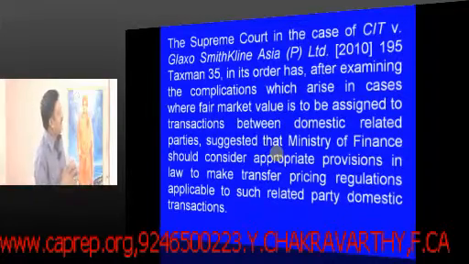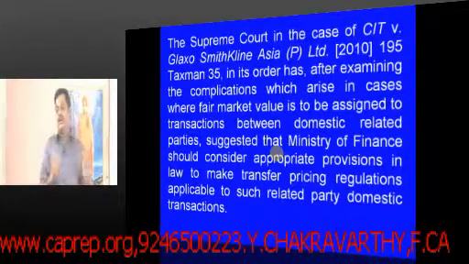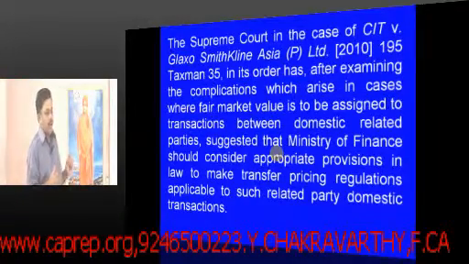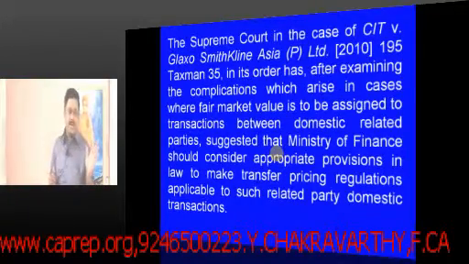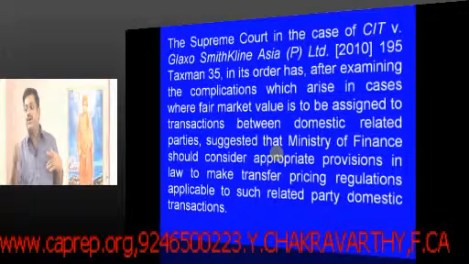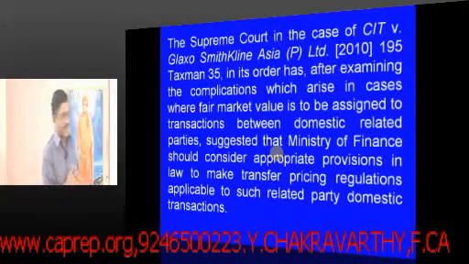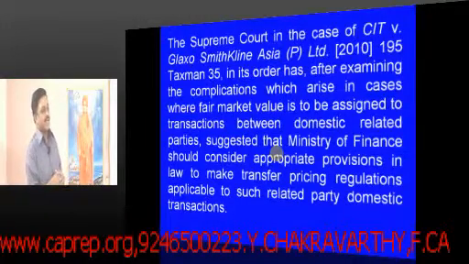And then of course, earlier also I told one thing, that any amendment in the law will be brought either to nullify the effect of a particular court judgment or in order to follow the direction given in a particular judgment. Of course, this is not for nullifying the court decision.